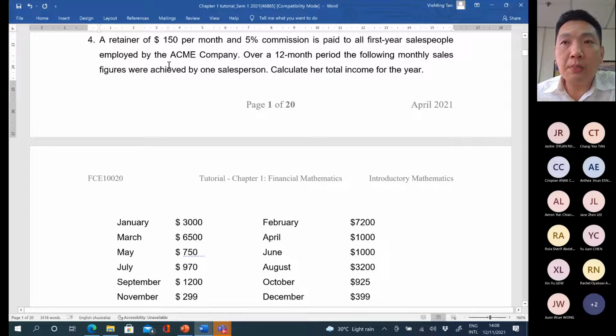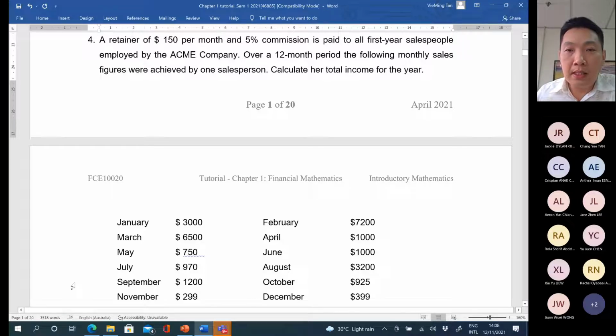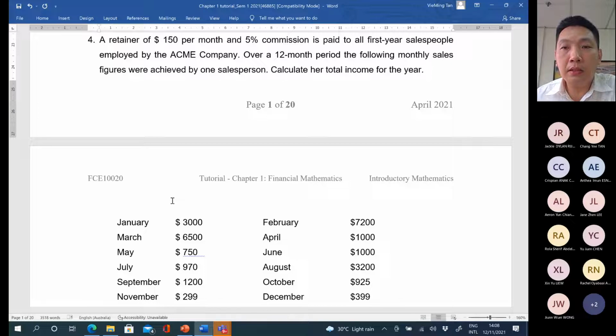So that means the salesperson can receive two types of salary. One is from the retainer and one is from the sales commission. Then over a 12-month period, the following monthly sales figures were achieved by one salesperson. So these are the sales data achieved by one salesperson. Calculate her total income for the year.